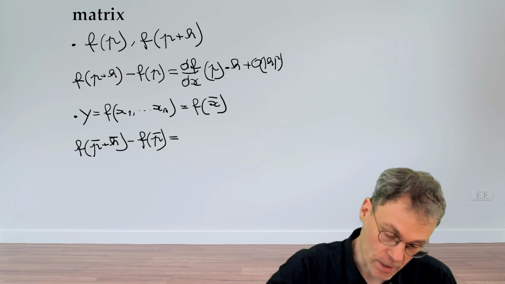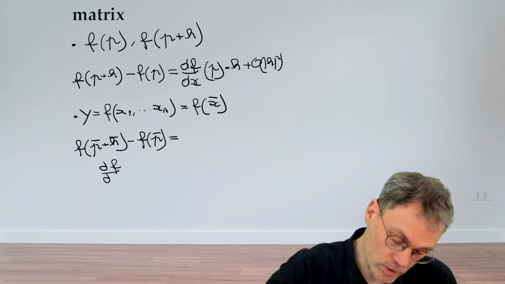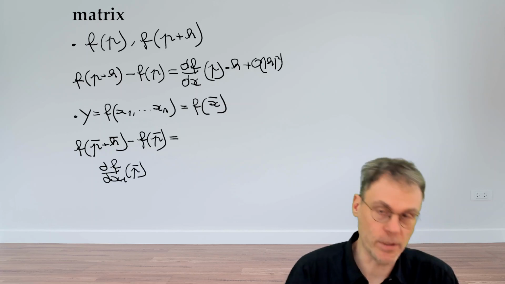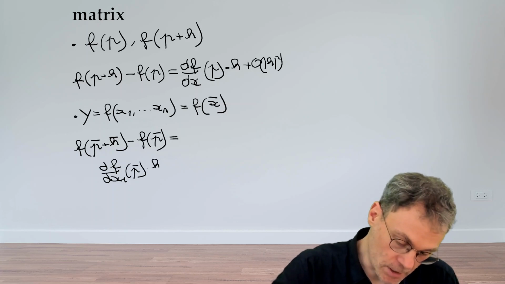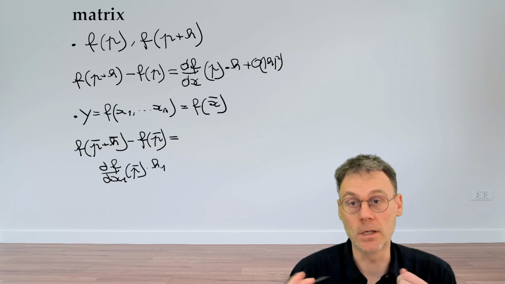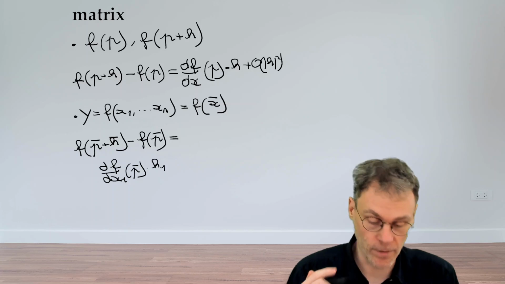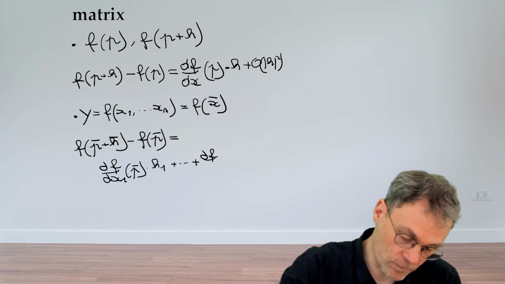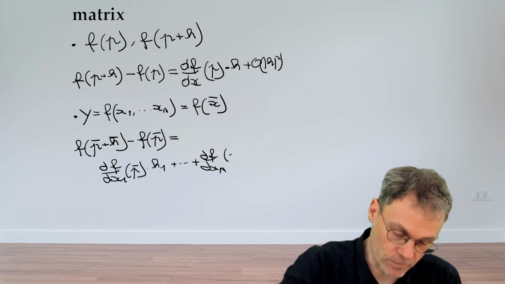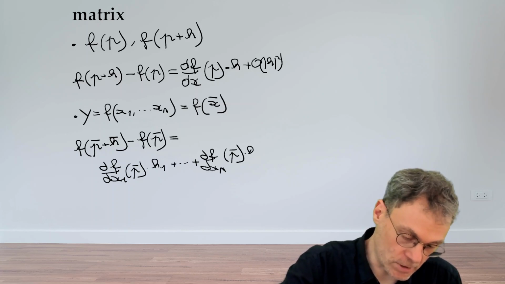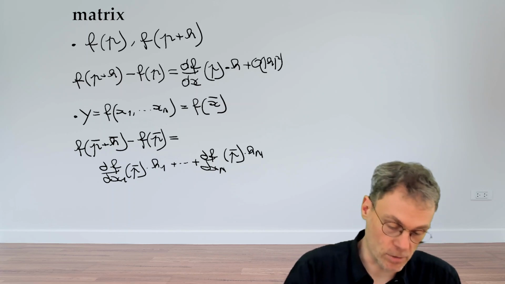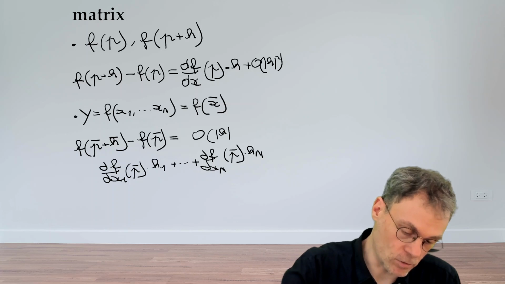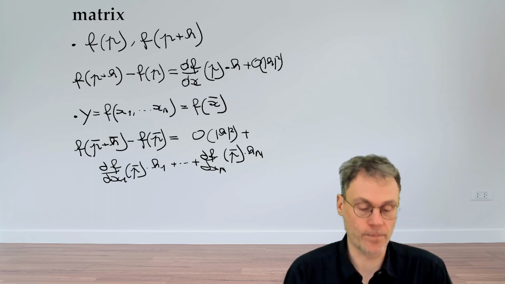So you will have a term like the partial derivative of f with respect to x1, which you evaluate at the point P, and which you multiply by the x1 component of our difference vector h. And then you have similar terms for the other ones, ending with df/dxn, evaluated at the point P times hn. And then, of course, there's a bunch of higher order terms, which we're not going to bother with, which is of the order of h squared.